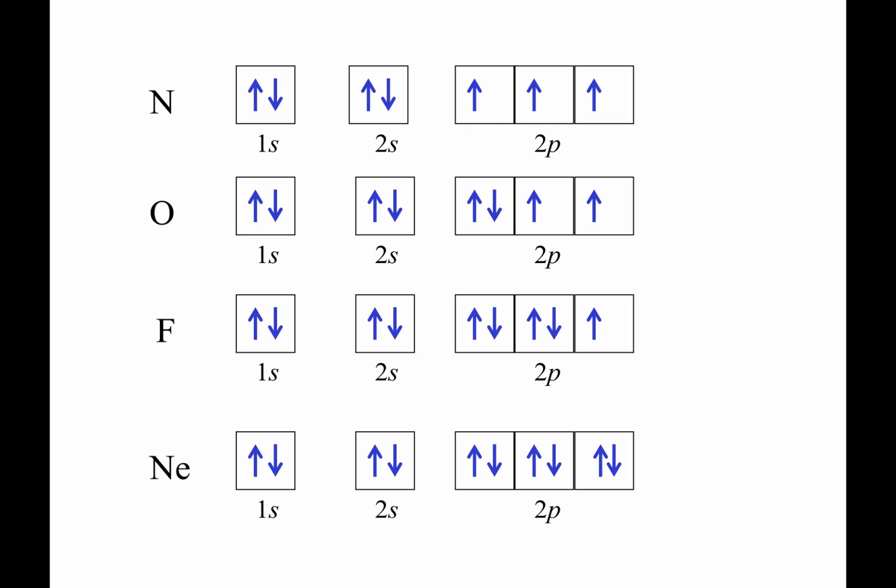This is called the spectroscopic notation. np6. Okay, ns2, 2 electrons, np6, 6 electrons. That's what we call a rare gas configuration. And that's a big, hairy deal. It's very exciting.